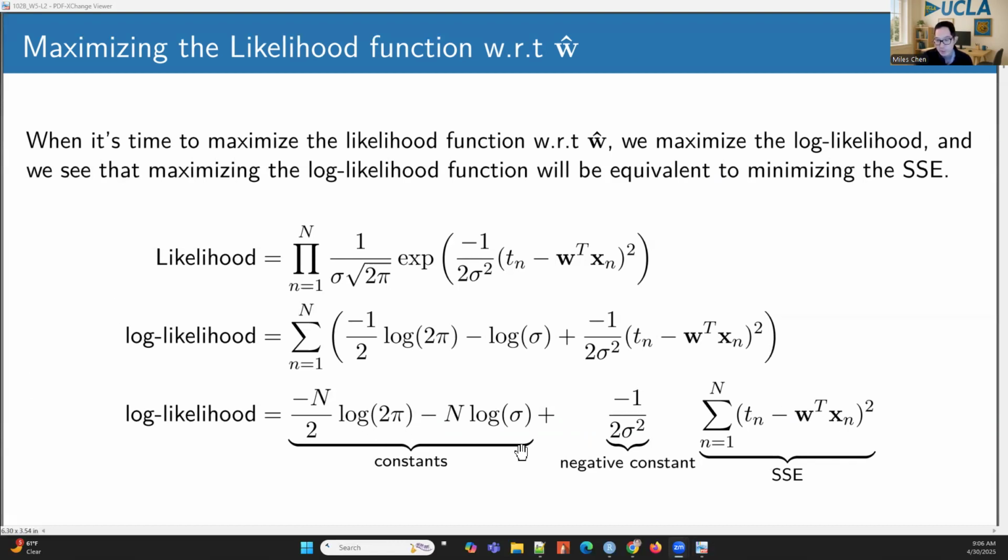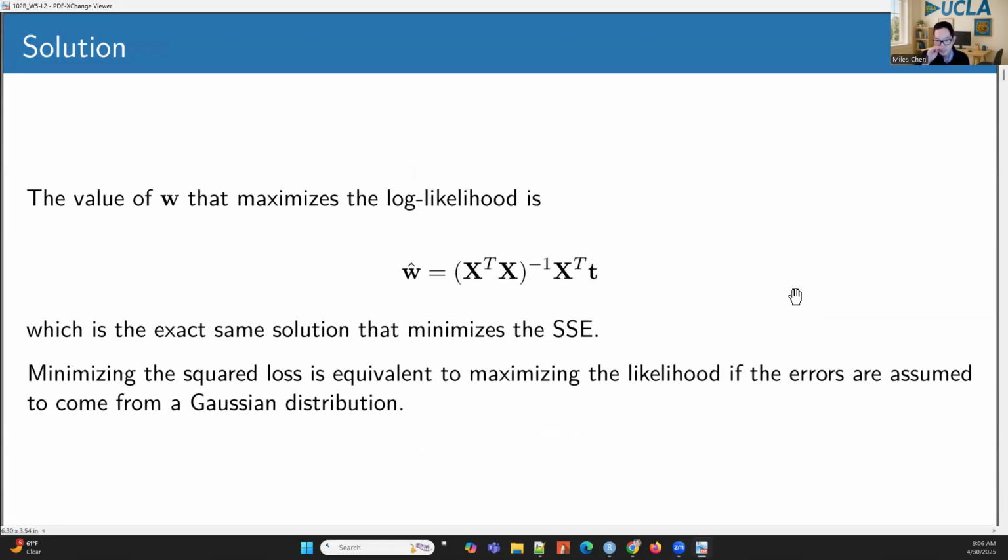These are all constants over here. Because this is multiplied by a negative, we want to minimize this so that we can maximize our likelihood and our log likelihood.